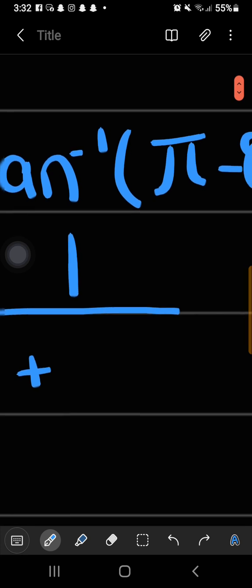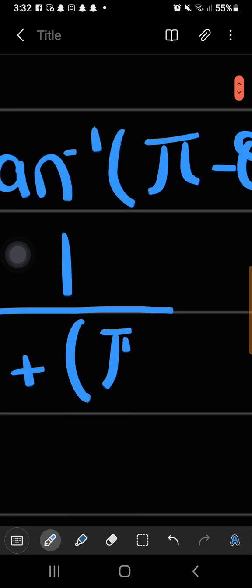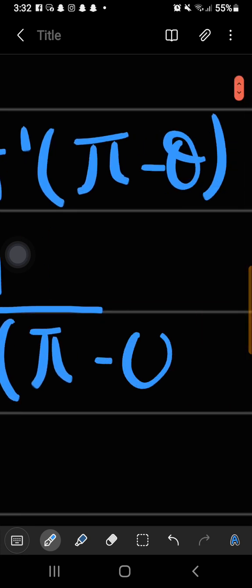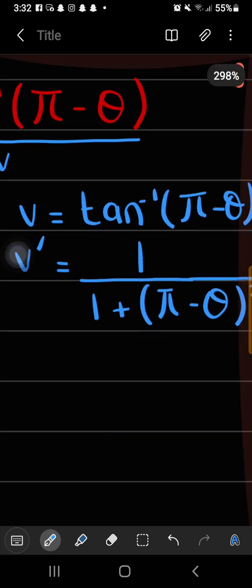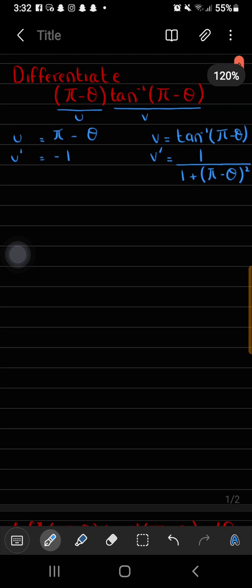This thing we had learned in the video of differentiation. So this is the differentiation of tan inverse (pi minus theta).